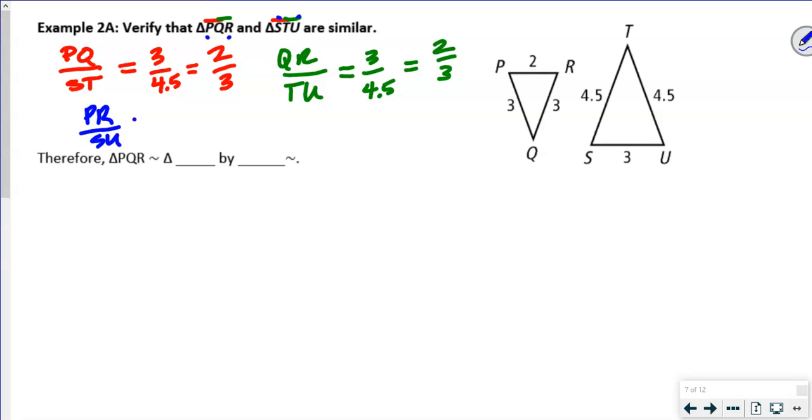So PR is 2 and SU is 3. And that can't be simplified anymore. So we've got the same ratio, 1, 2, 3 times. So that means that PQR is similar to STU by side, side, side. Because we got the same proportion for all 3 sides, then we can say that these 2 triangles are similar by side, side, side.